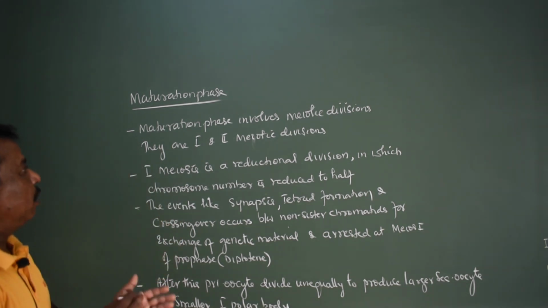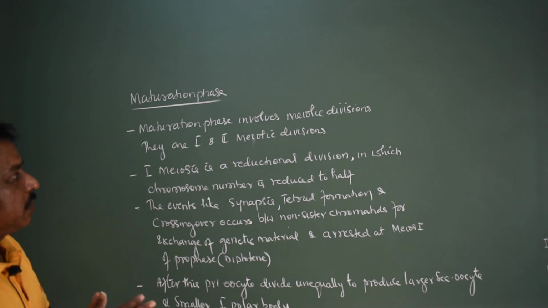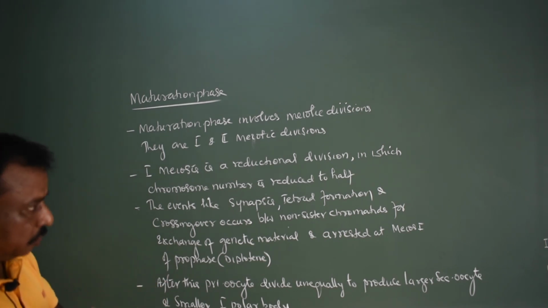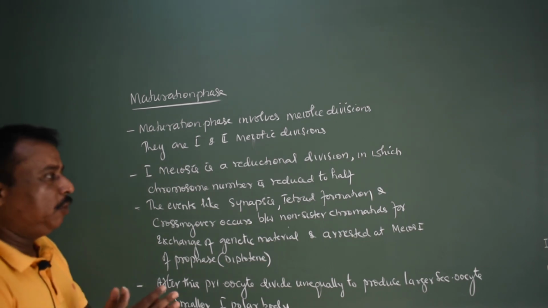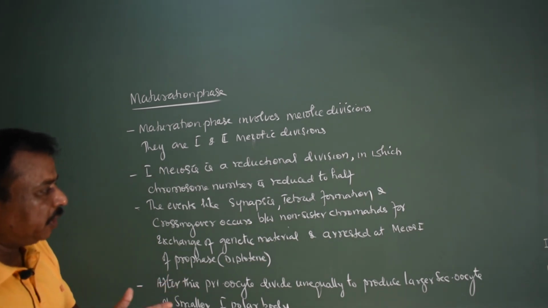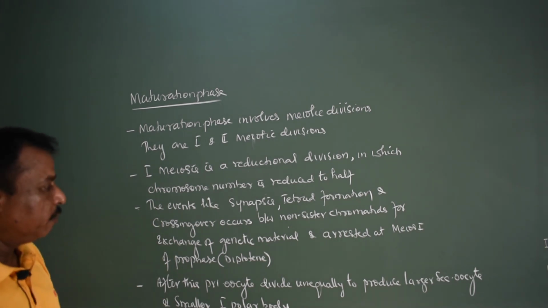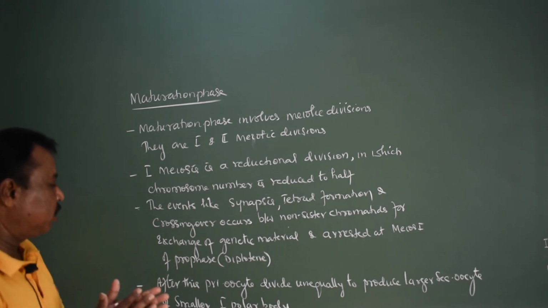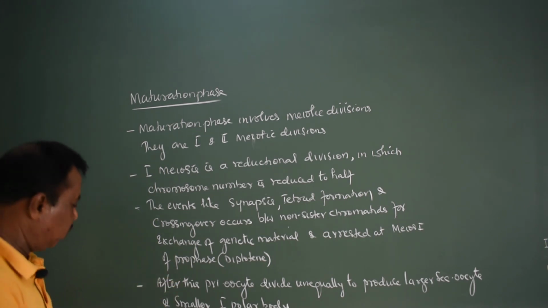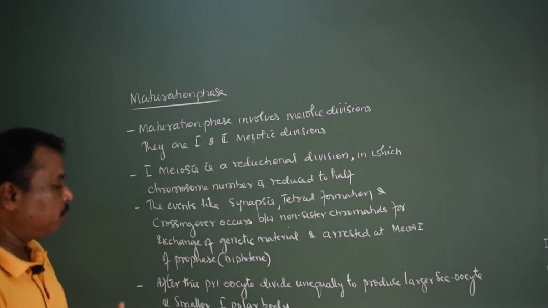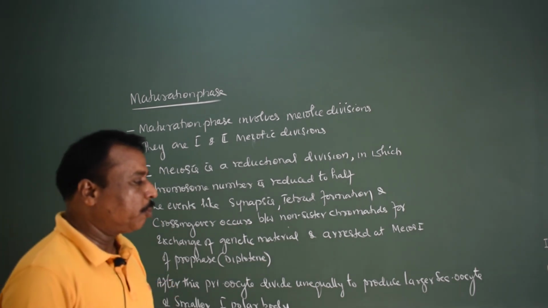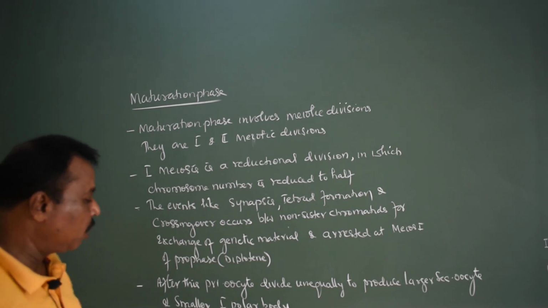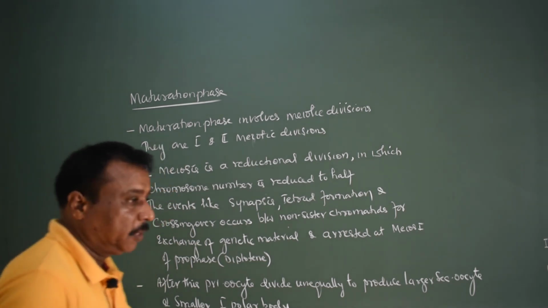So the maturation phase involves two meiotic divisions, first and second. First meiosis is a reductional division in which the chromosome number is reduced to half. The events like synapsis, tetrad formation and crossing over occur between non-sister chromatids for the exchange of genetic material, and this is generally arrested at prophase of meiosis 1 in diplotene stage. After this the primary oocyte divides unequally to produce a larger secondary oocyte and a smaller first polar body.